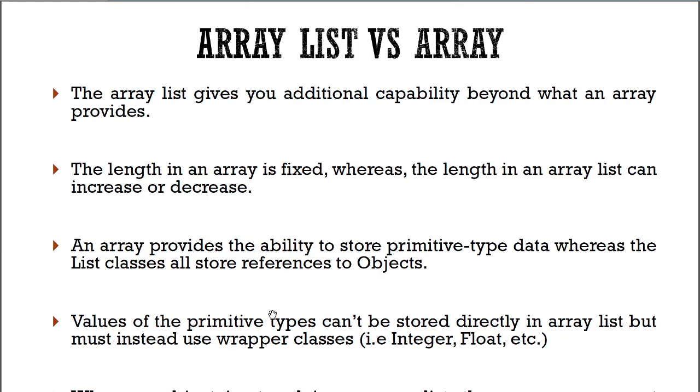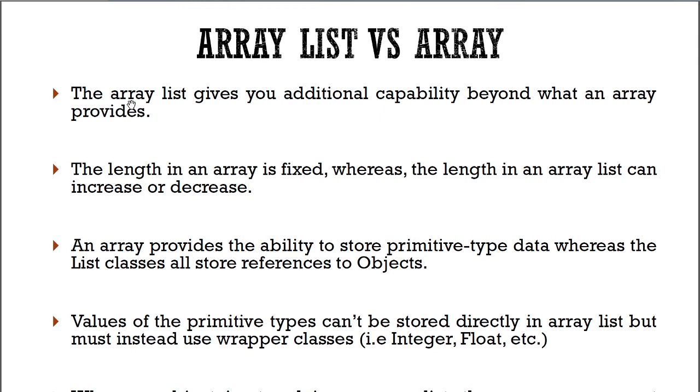So what is actually the difference between array list and array? Array is a sort of complex data type, but it is not a data structure. The data structure is array list. Array is a collection of items with the same data type, but array list is not. Let's see what the differences are.